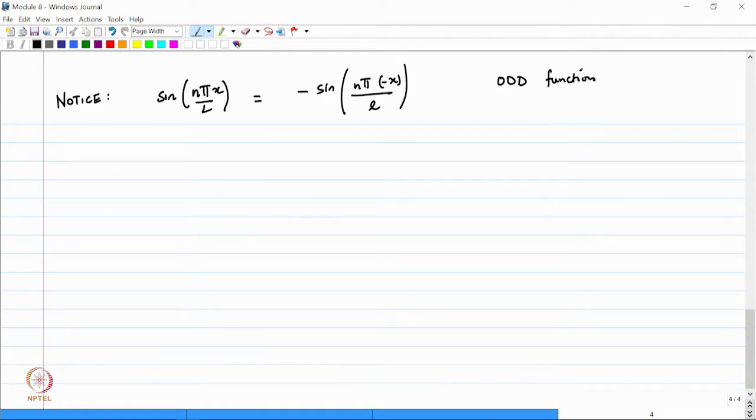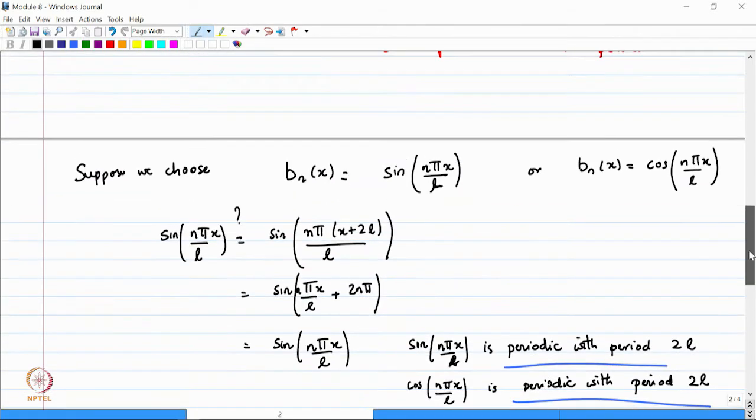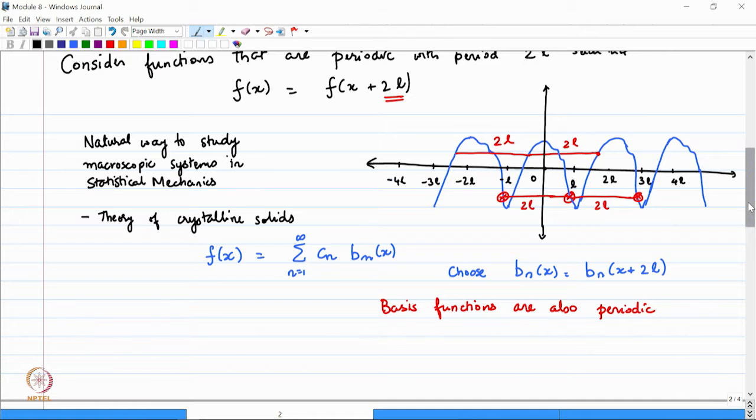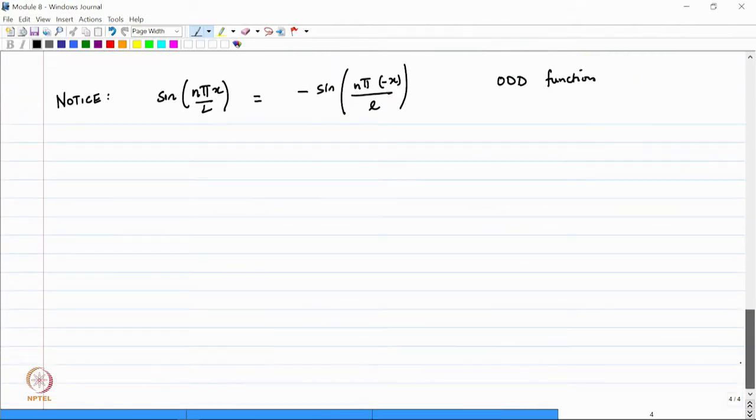Any linear combination of odd functions, so suppose you take a linear combination like this where Bn is odd, then you will get an odd function. Similarly cosine is equal to plus cosine of n pi minus x by L, this is an even function.